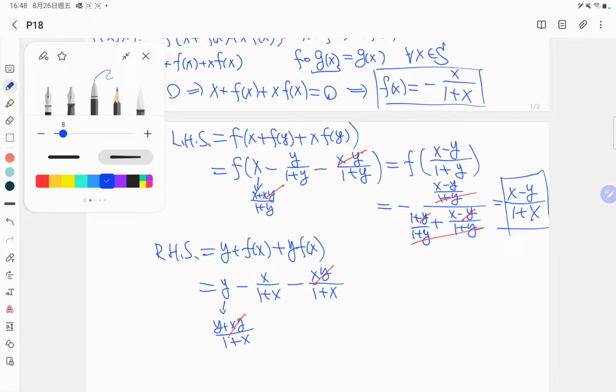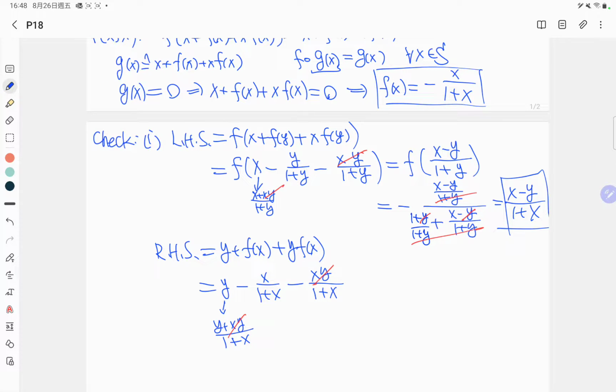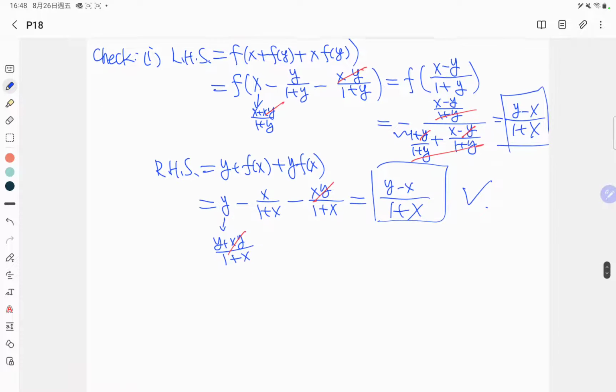Finally, I think I forgot a minus sign here, so it should be y minus x instead. So finally we get y minus x all over 1 plus x. So the first condition is okay.